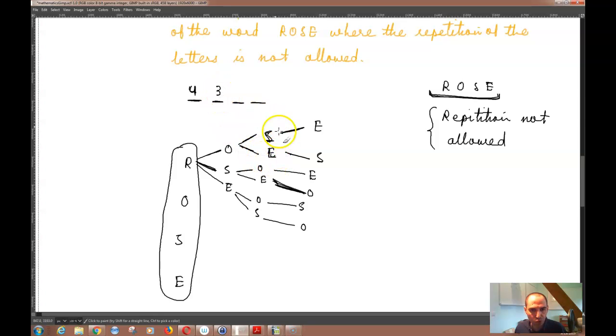You have two choices left to you. And then once you get here, you have already chosen 3 letters out of 4 in total. So relative to each of these, there is only 1 choice that you can make. So that is 1.